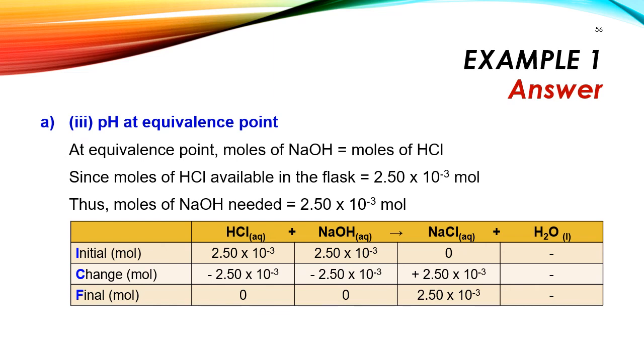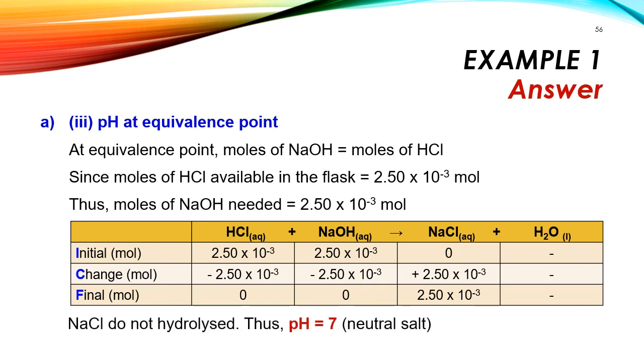At the end of the reaction, we can see that the hydrochloric acid and the sodium hydroxide are completely consumed in the reaction. Thus, it formed 2.50 exponent negative 3 moles of the salt. The sodium chloride salt does not hydrolyze. Thus, the pH is equal to 7, which means the salt is a neutral salt.